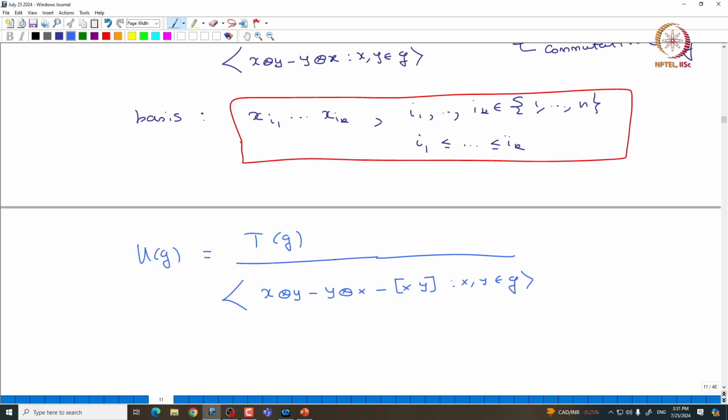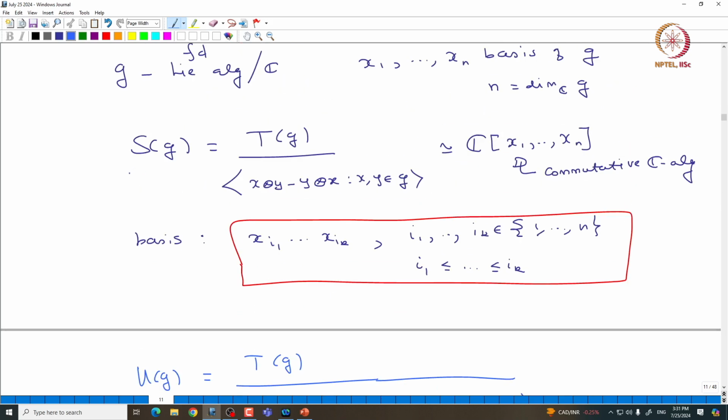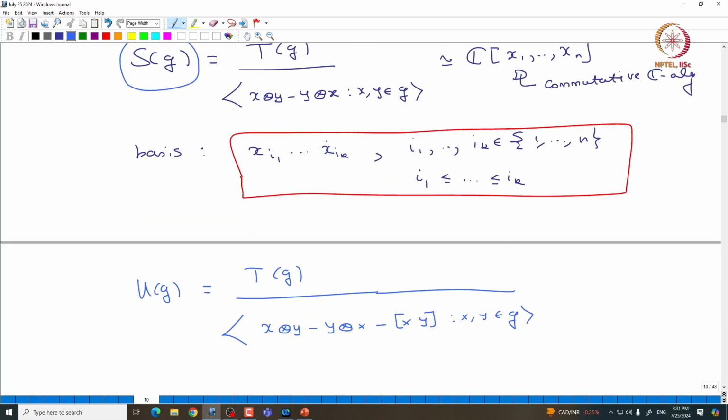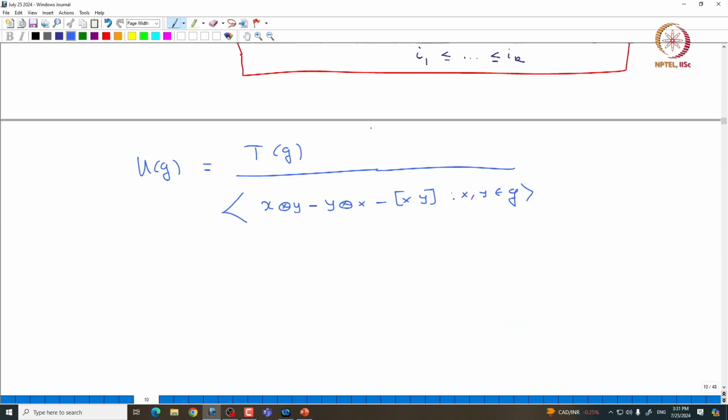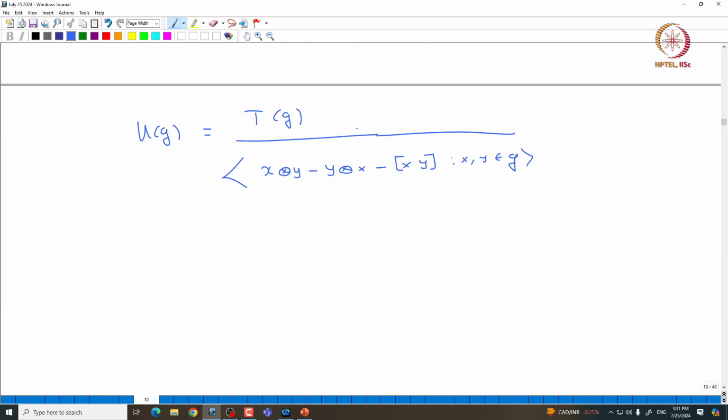But it is somewhat very close to SG. It is not too far from SG. The only thing is the bracket of x and y being 0 in SG. So, if G is abelian, then SG and UG are isomorphic, but G could be non-abelian. The cases that we will be interested in, only SL and GLn, are highly non-abelian.